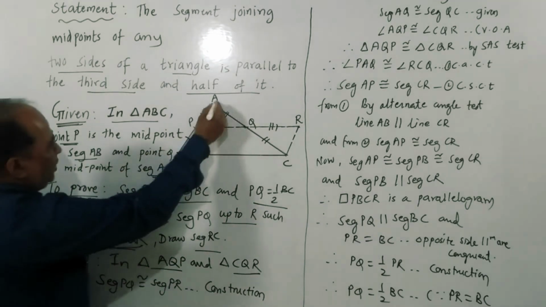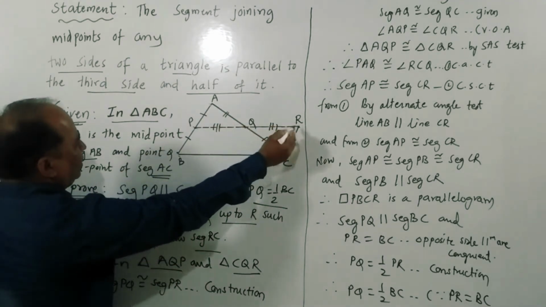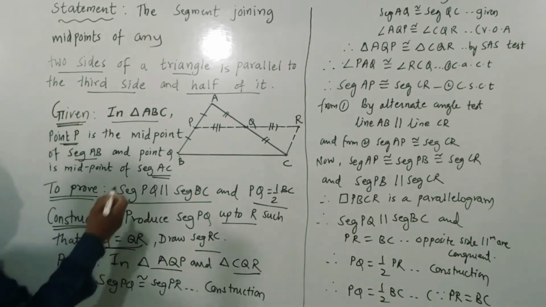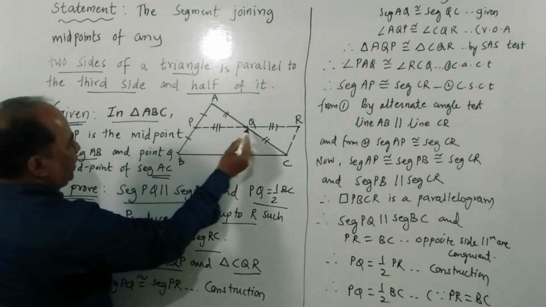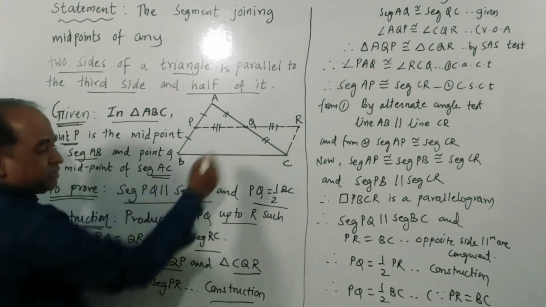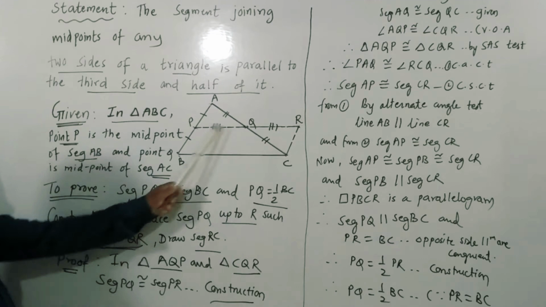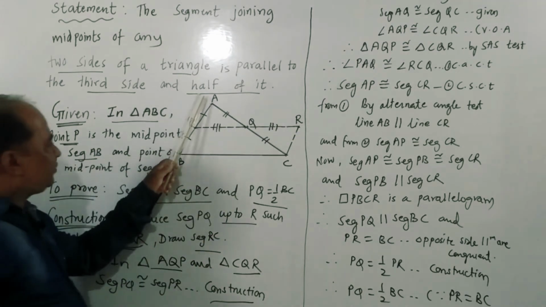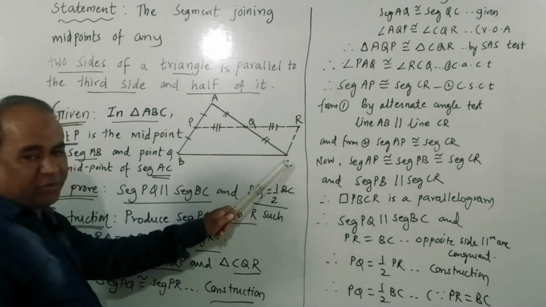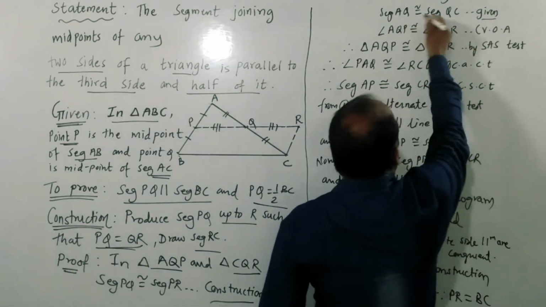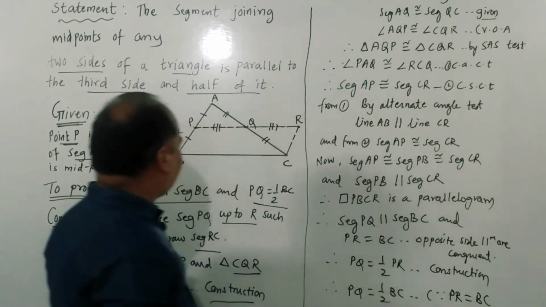So in triangle AQP and triangle CQR, first, segment PQ is congruent to segment QR by construction. Then segment AQ is congruent to segment QC, which is given.